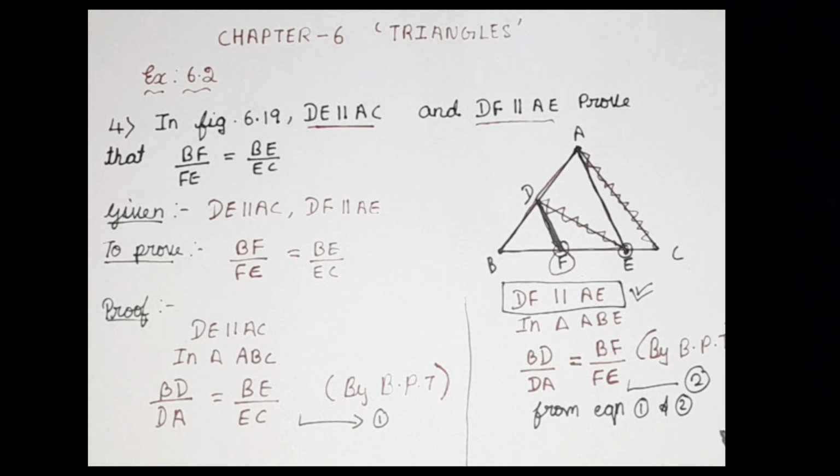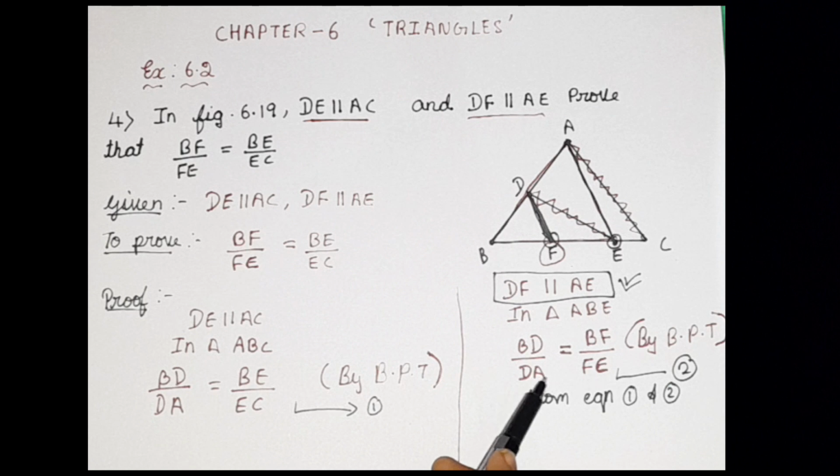From equation 1 and 2, when you look at equation number 1, we have BD by DA and here we have BE by EC. And in equation 2 we have BD by DA and BF by FE.